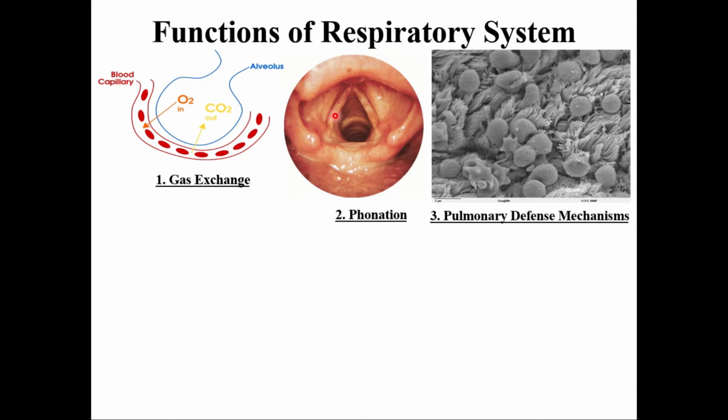The next important function of the respiratory system is the pulmonary defense mechanism, or the protection against bacteria or germs. Each breath brings into the lungs a small sample of the local atmospheric environment.